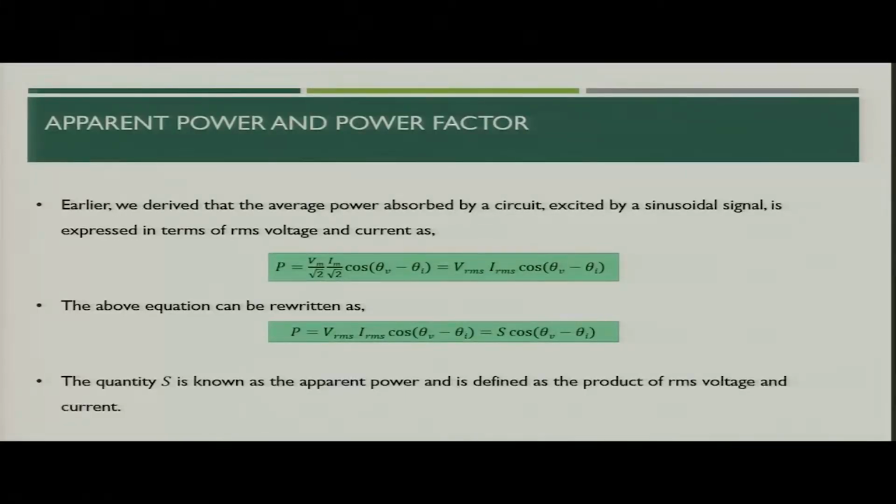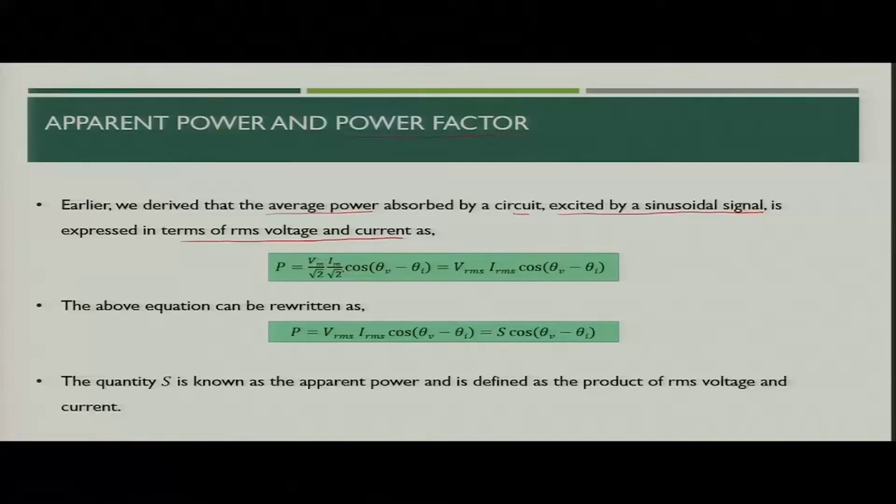Now, let us talk about another term called apparent power and the power factor. Earlier, what we derived was the average power absorbed by the circuit excited by a sinusoidal signal, and we expressed it in terms of RMS voltage and current.